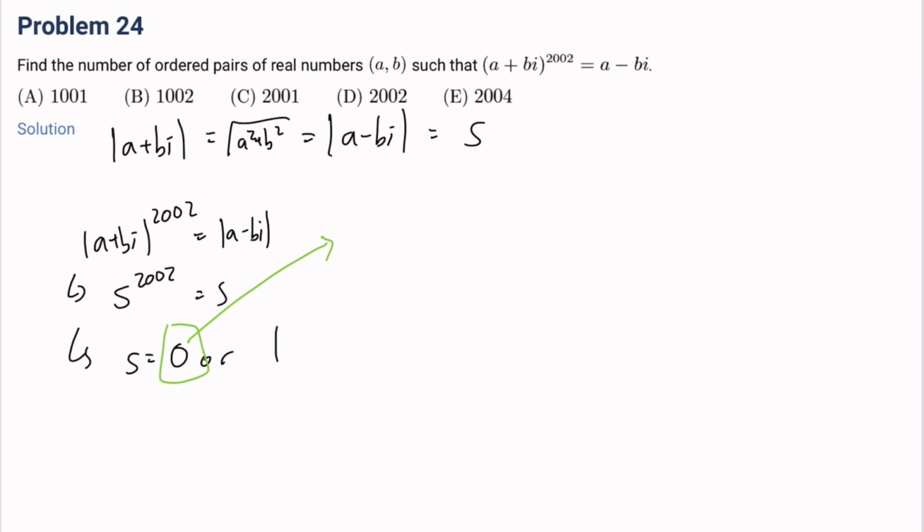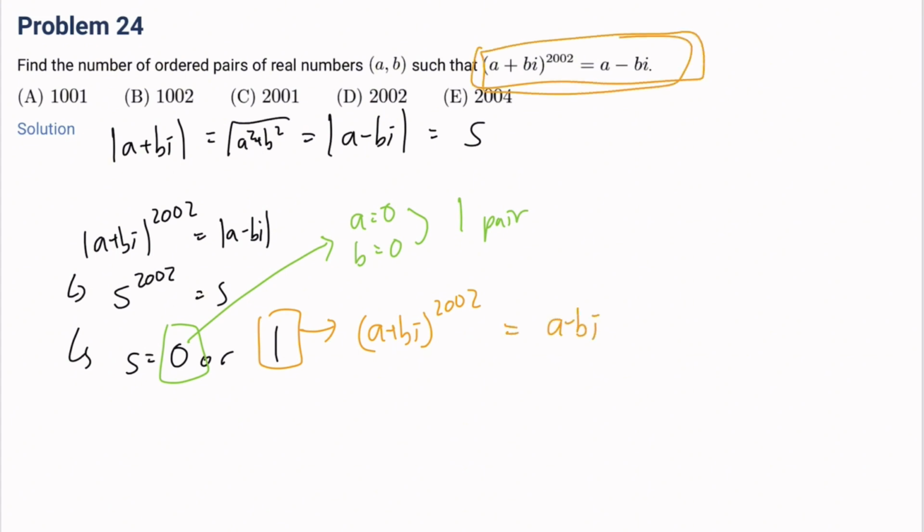And if s is 0, then we get a is 0 and b is 0, so we get just one pair. But if s is equal to 1, then the story gets different, because if it's 1, then we can have a plus bi to the 2002nd power equals a minus bi, right? That's what it said in the problem. And now we can multiply a plus bi to both sides, and so that will give us a minus bi times a plus bi, right?